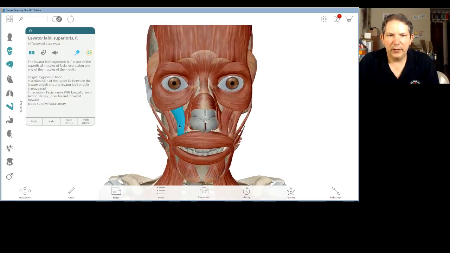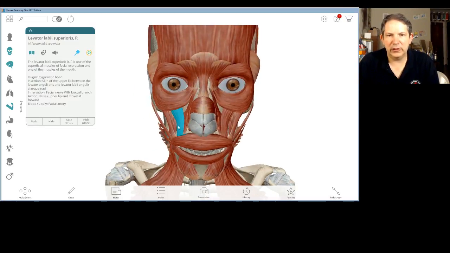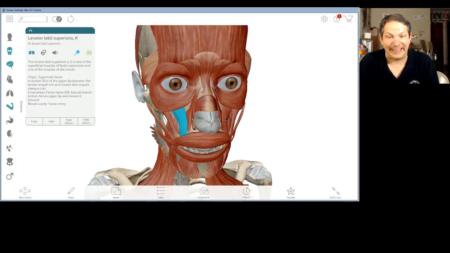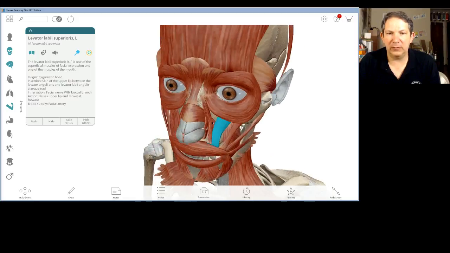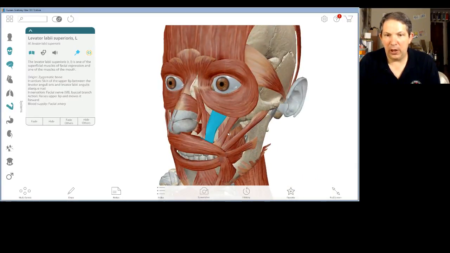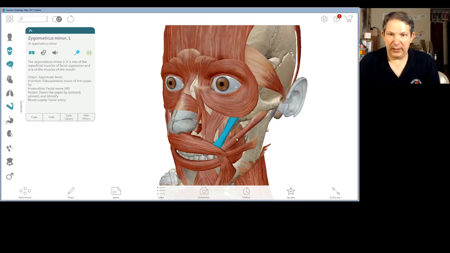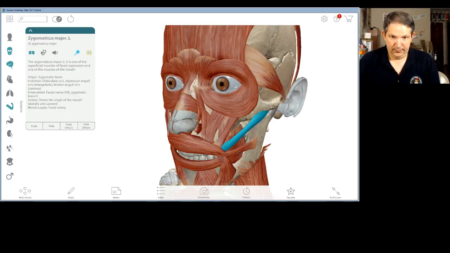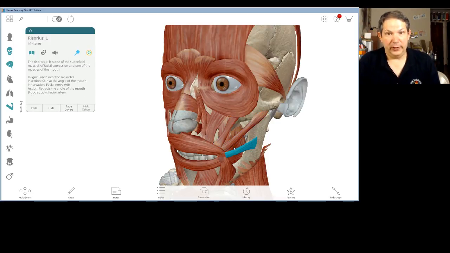Levator labii, there's a superioris, but the levator labii, levator to lift up, labii, lips. It's raising your lips. It's pretty heavily involved in smiling. Now, a lot of muscles are, including the zygomaticus muscles, and the risorius.